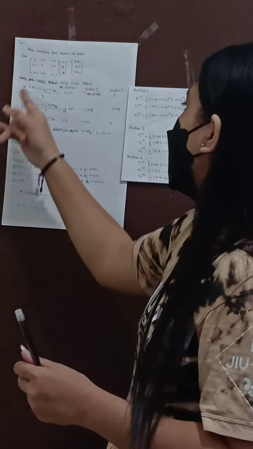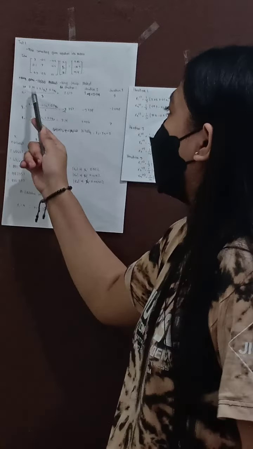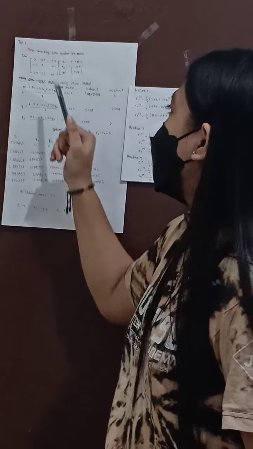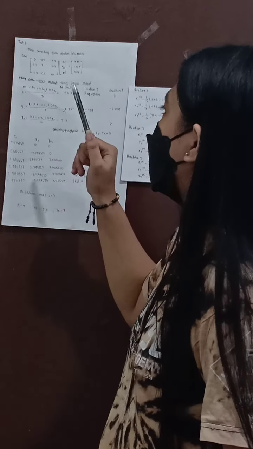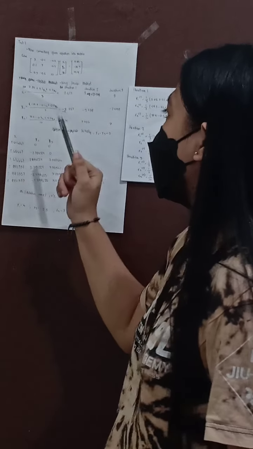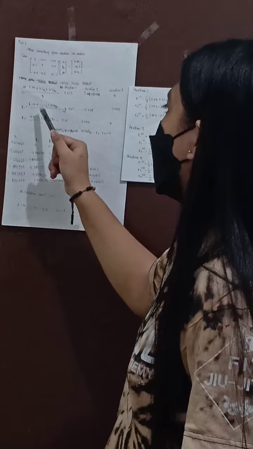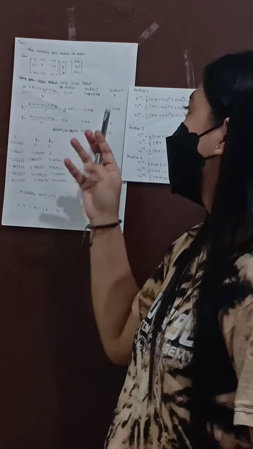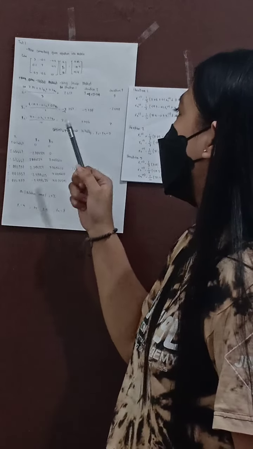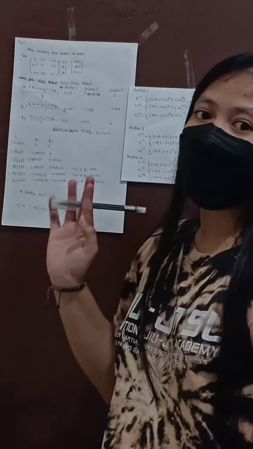So x1 equals 7.85 plus 0.1 x2 plus 0.2 x3, all over 3. Then x2 equals negative 19.3 minus 0.1 x1 plus 0.3 x3, over 7.